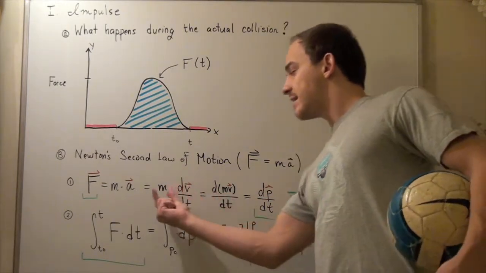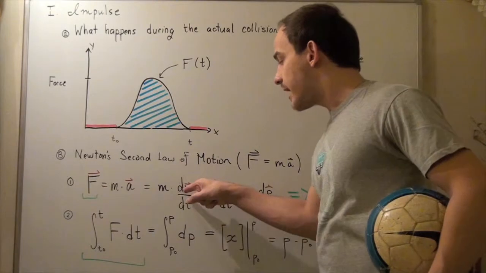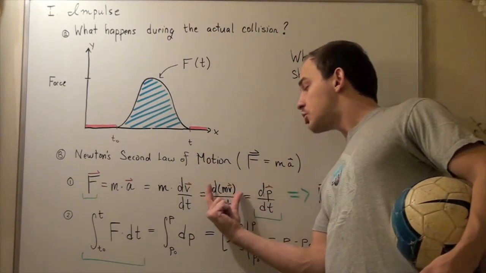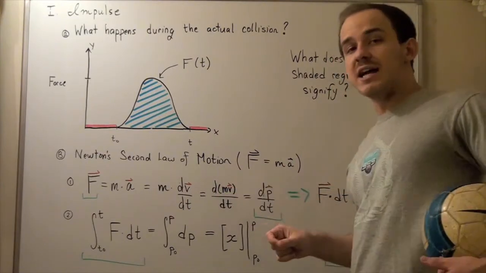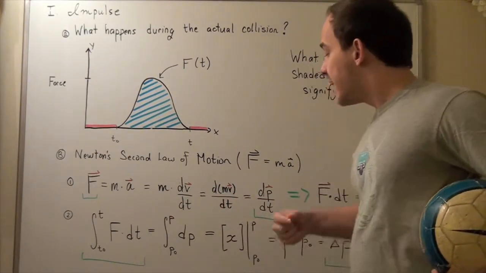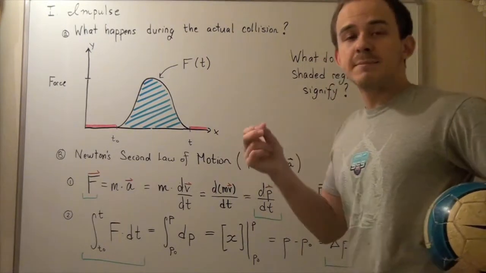So now let's take this m and plug it inside this guy, and we get an infinitely small change in mass times velocity divided by an infinitely small change in time. Now let's recall what m times v is.